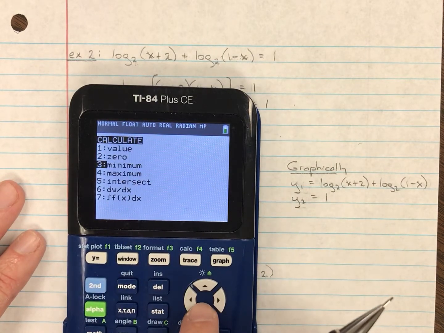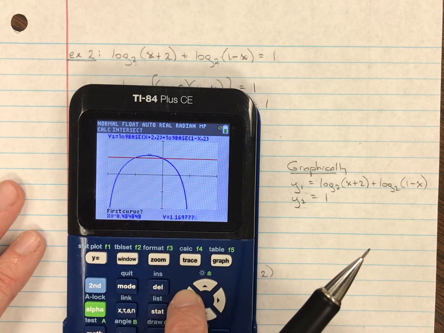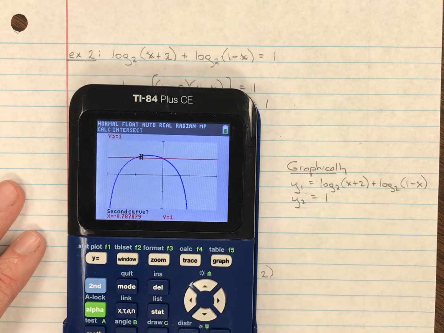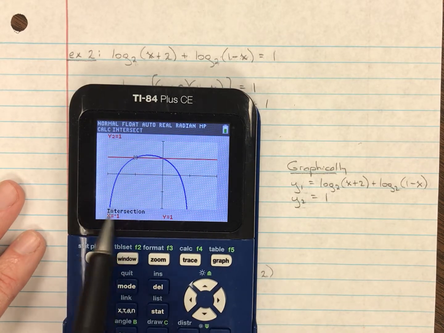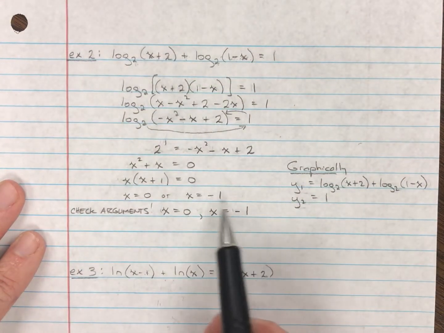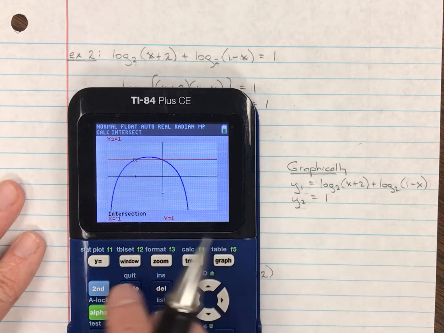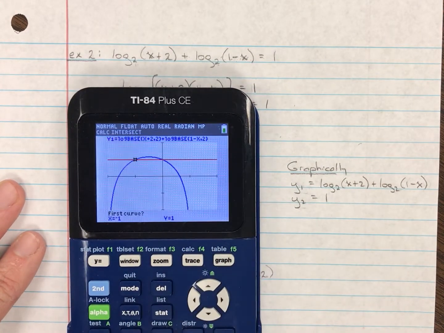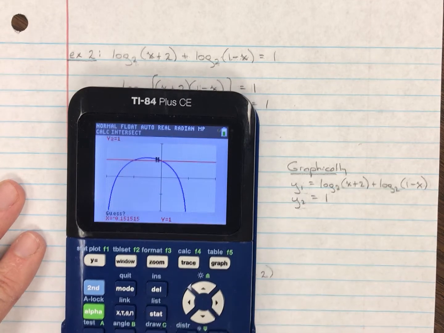Second calc. Intersect. I'll go to the left one first, which I think is -1. Sure looks like it. I got it. It intersects at -1. Well, that we had here was one of our answers. And let's go back to this other point. So second calc, they intersect. Let's go closer to over here. And again, that sure looks like x equals 0.